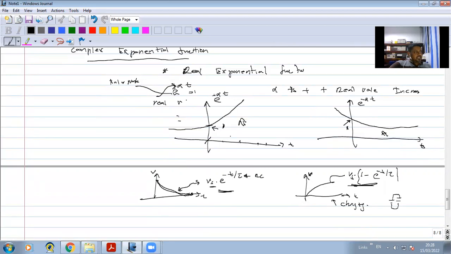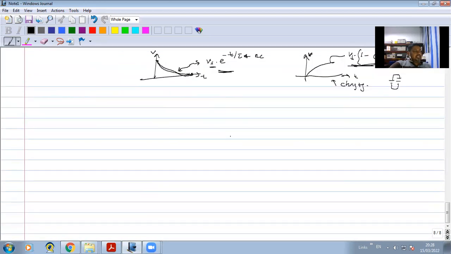So that is the real exponential signal. The complex exponential signal is actually an important signal.